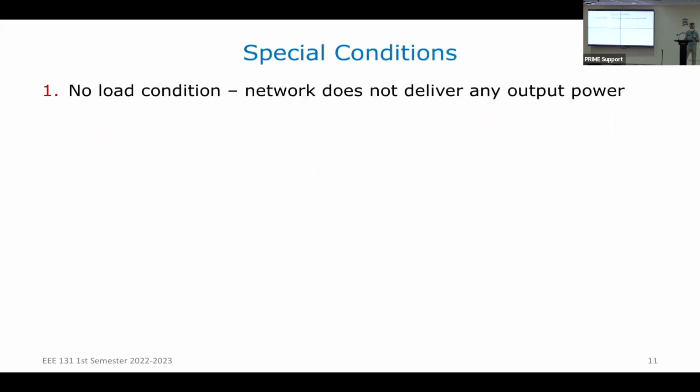Okay, let's talk about some special conditions. The first special condition is what we call the no load condition. The no load condition occurs when the network does not deliver any output power. When the circuit does not deliver any output power.